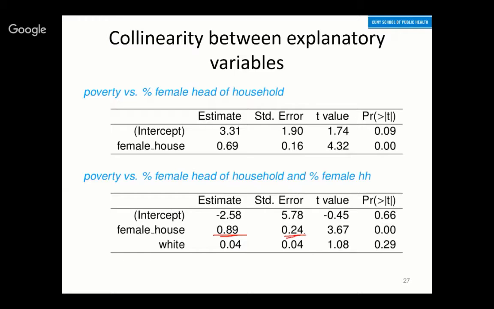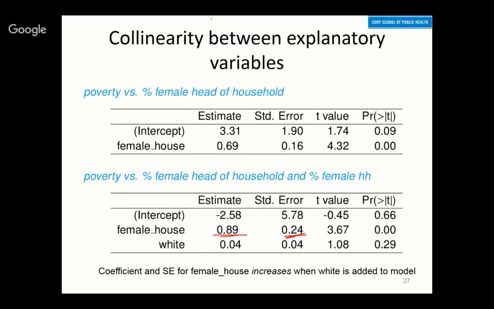This increase in the standard error is a sure sign of collinearity. And this is not too bad a case of collinearity, but when you have variables that are correlated with something like 0.9, you'll see a large increase in the standard error in your regression tables.